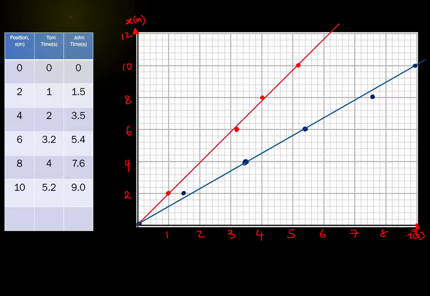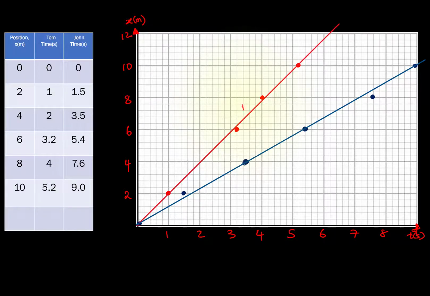So what do you notice? Obviously, you see that this is Tom and this is John. So let's calculate the slope of the graph for Tom and the slope of the graph for John.